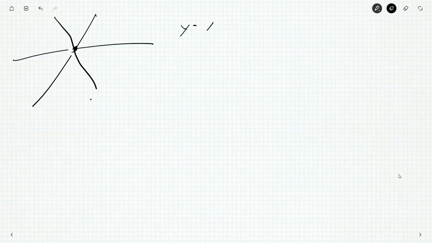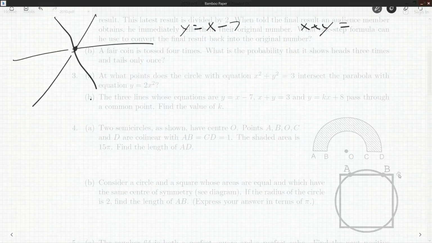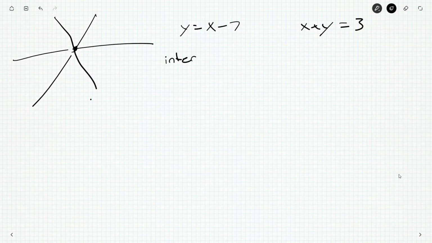So y equals x minus 7. And x plus y equals 3. So let's find their intersection. That'd be x plus x minus 7 equals 3, right?